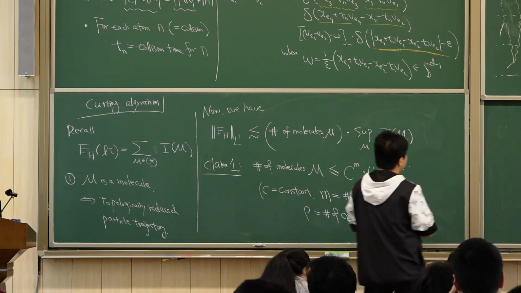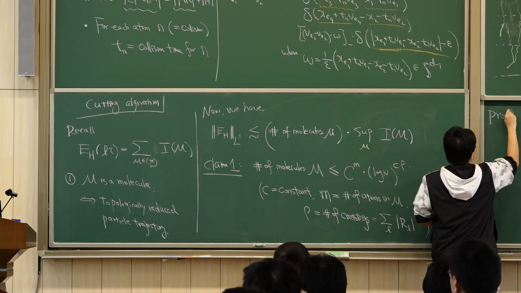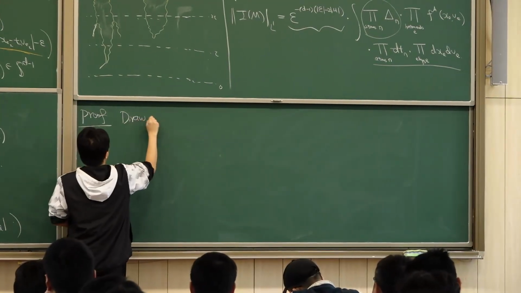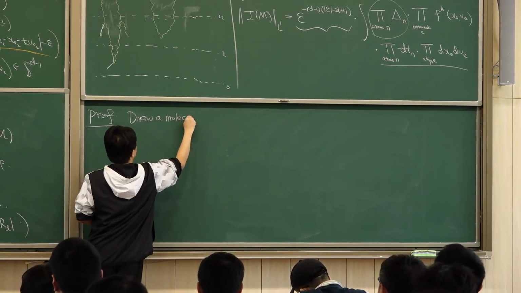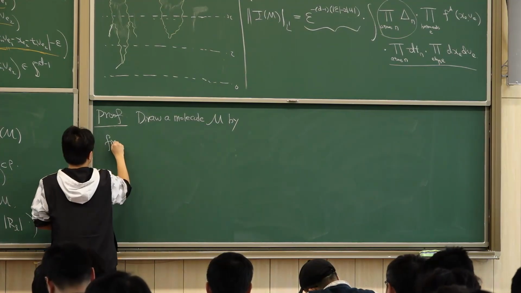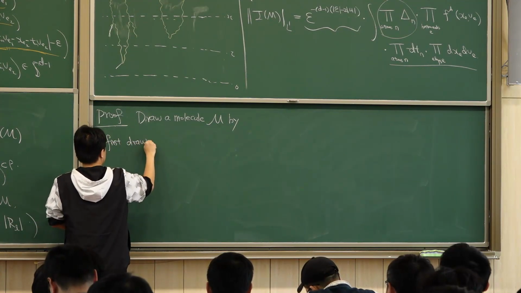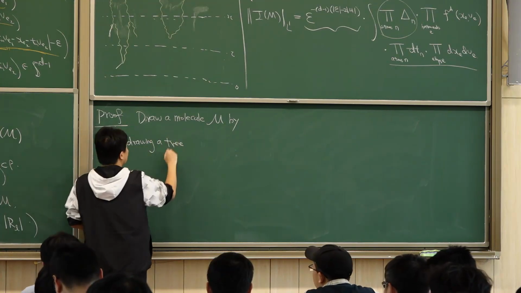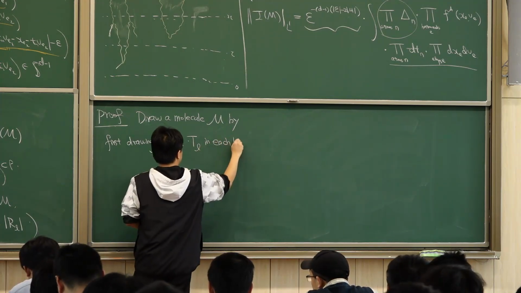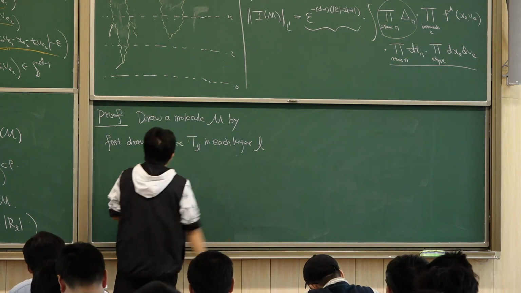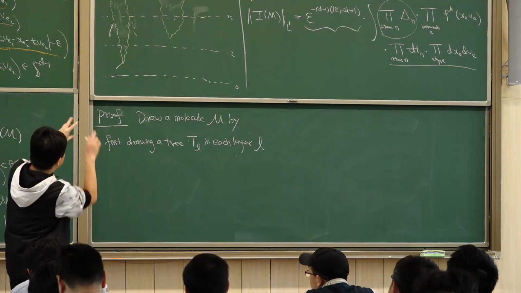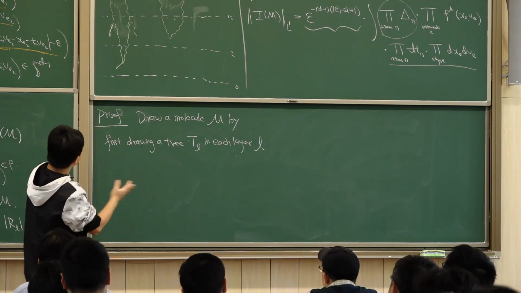Basically, let me prove this. We draw a molecule M by first drawing a tree in each layer. So if you look at this picture, in each layer we have a tree. If you just restrict to each layer, ignoring all the other layers, we just get a tree.